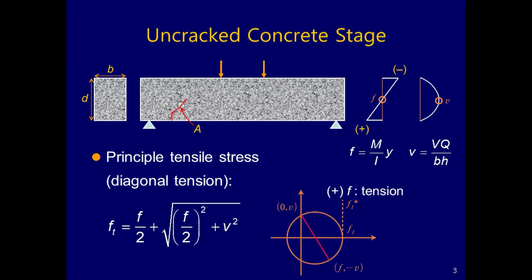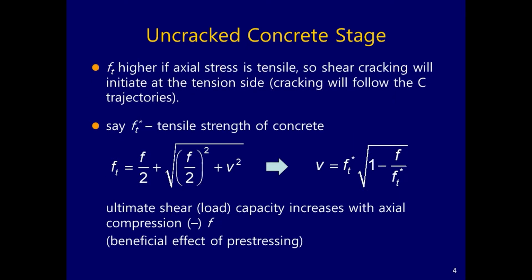So cracks like this, starting from the flexure crack, and it develops to web cracks. And its shape is a C, and that is a compression zone strut. So principal tensile stress is higher if you have a tensile axial stress. With no axial stress, F is 0, then your circle will be smaller. So then principal tensile stress is small.